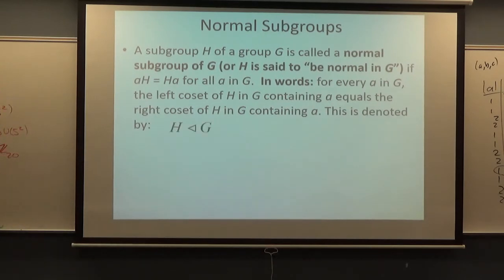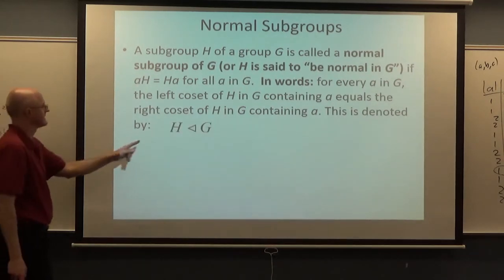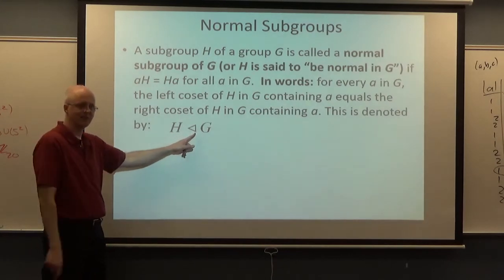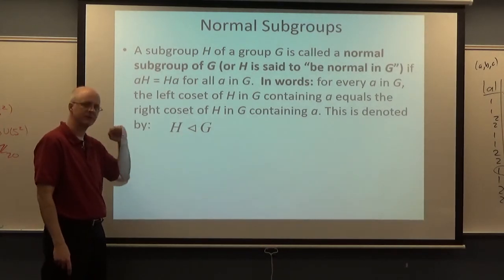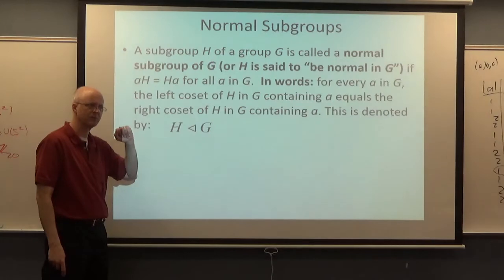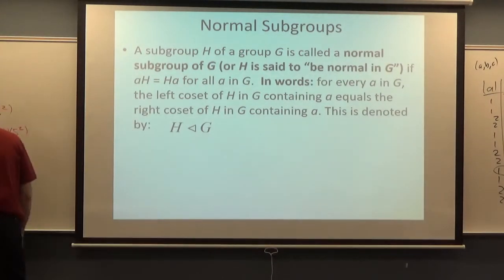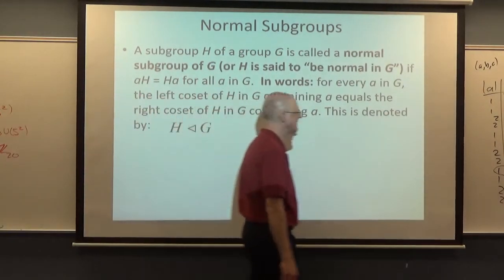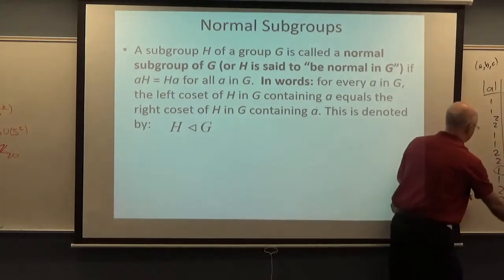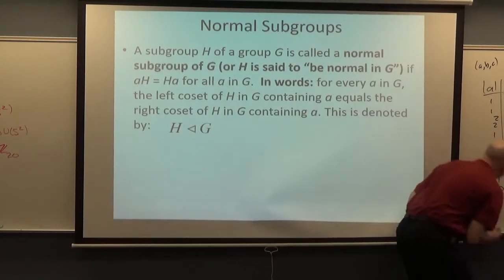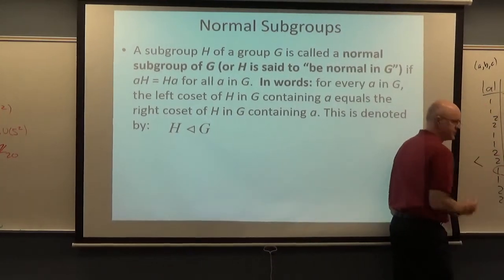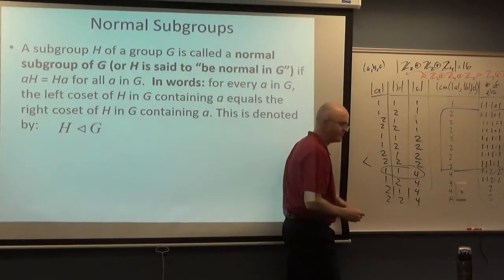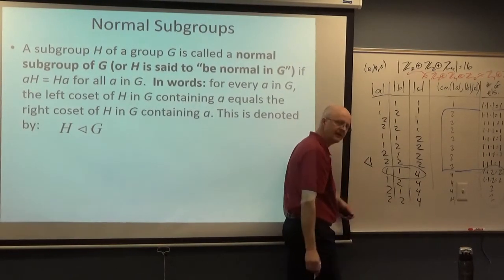This is denoted by a special symbol that looks like this. The less than sign for subgroup notation becomes a triangle sign for normal subgroup notation. It's really not a less than. You take your subgroup symbol, and I guess we only do it with the strict notation here, and put an extra line on it.